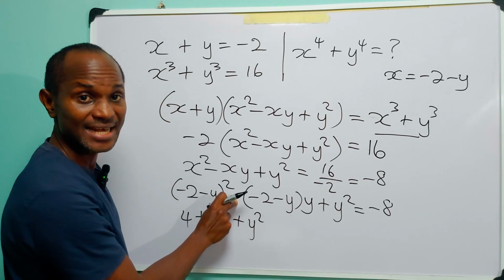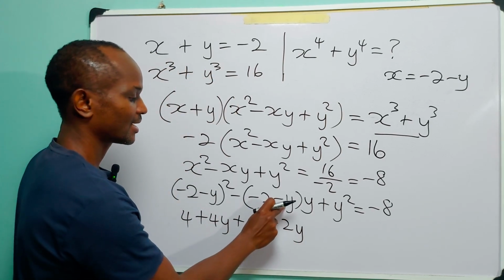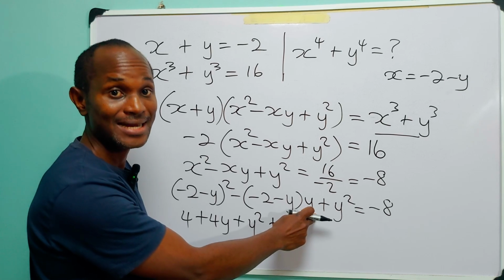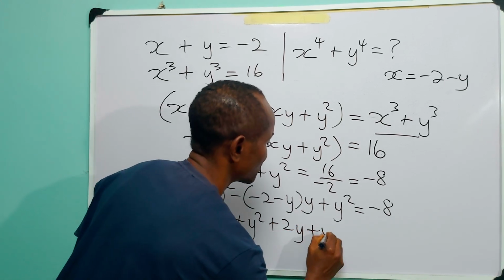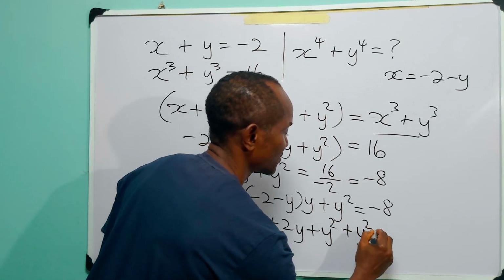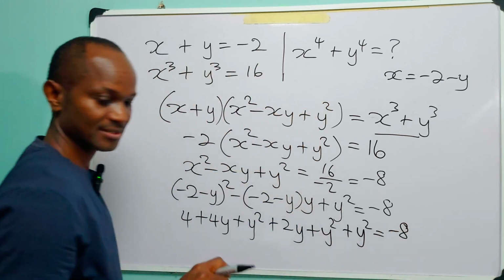But because of this negative sign, we have plus 2y. Next, we have minus y multiplied by y, that is minus y squared. Once more, because of this negative sign, we have plus y squared. Then we have plus y squared, and this still remains equal to minus 8.